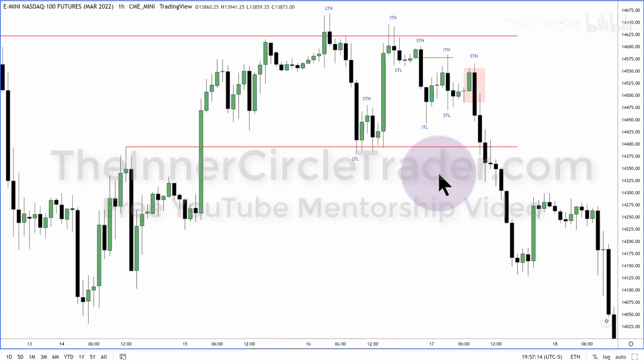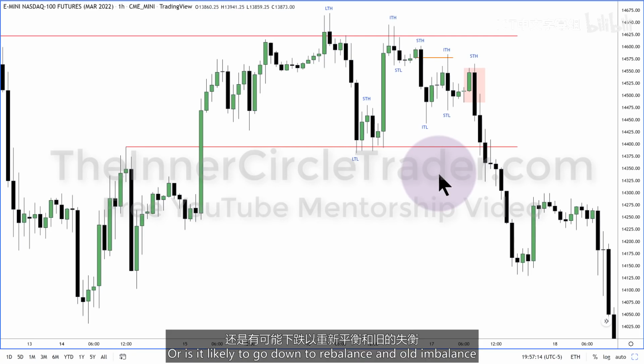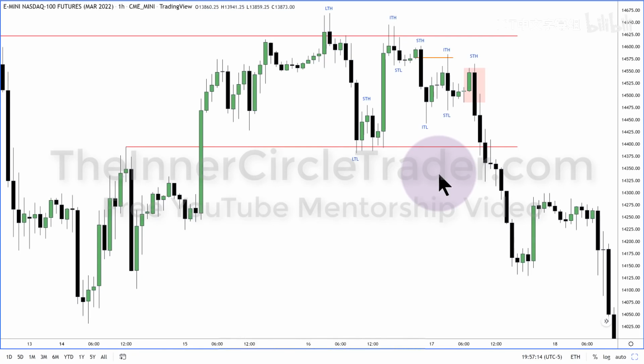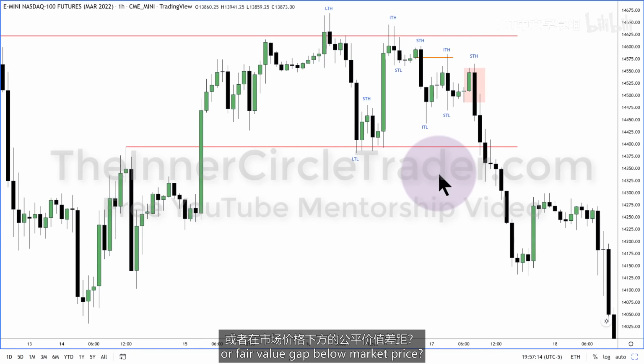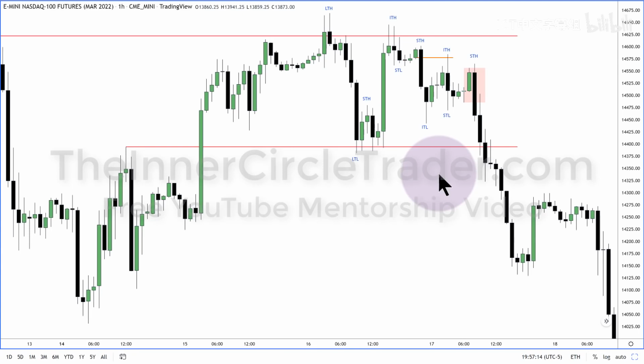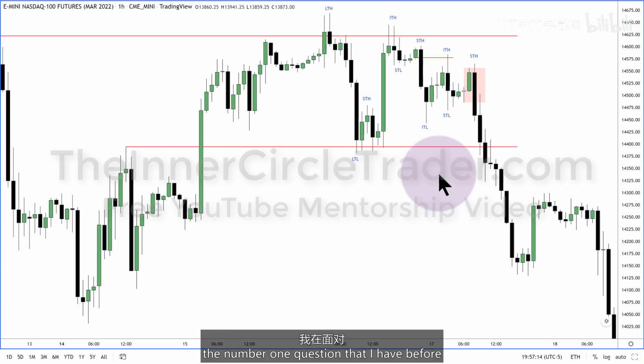Or is it likely to go lower to sweep out short-term lows for sell-side liquidity or sell stops? Or is it likely to go down to rebalance an old imbalance or a fair value gap below market price? That is the number one question that I have before I sit down in front of my charts. That's what I'm looking for.